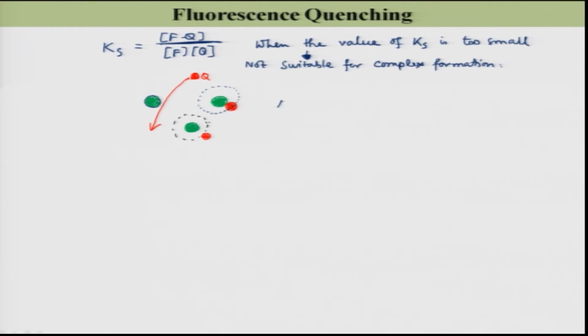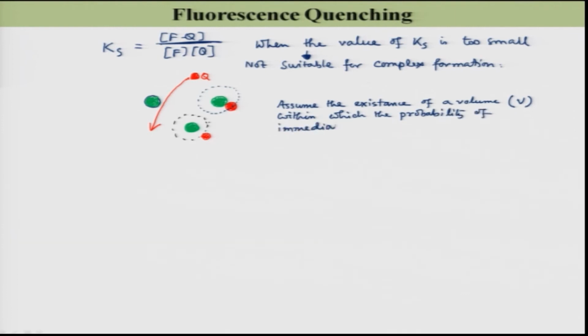Let us assume the existence of a volume, and that volume I term as V, within which the probability of immediate quenching is unity.